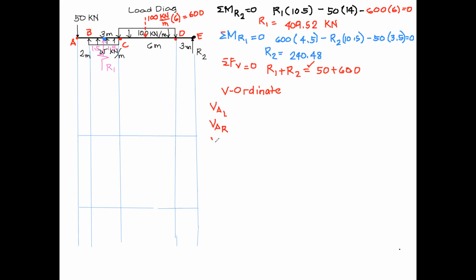At B none, at C none, even at D none. But at E, left and right. Can you follow? Do you understand when there is a left and right?